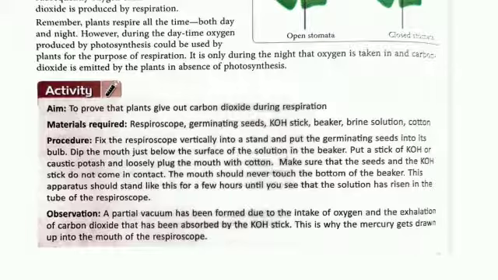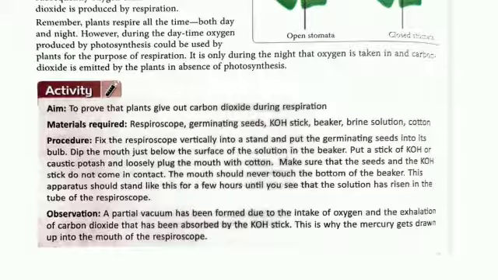Dip the mouth of the instrument just below the surface of the solution in the beaker. Put the stick of KOH or caustic potash, potassium hydroxide, and loosely plug the mouth with cotton. Make sure that the seeds and the KOH stick do not come in contact. The mouth should never touch the bottom of the beaker.